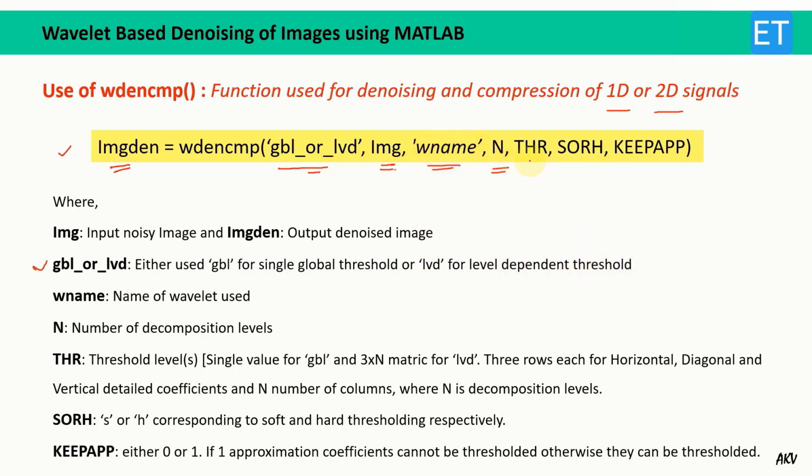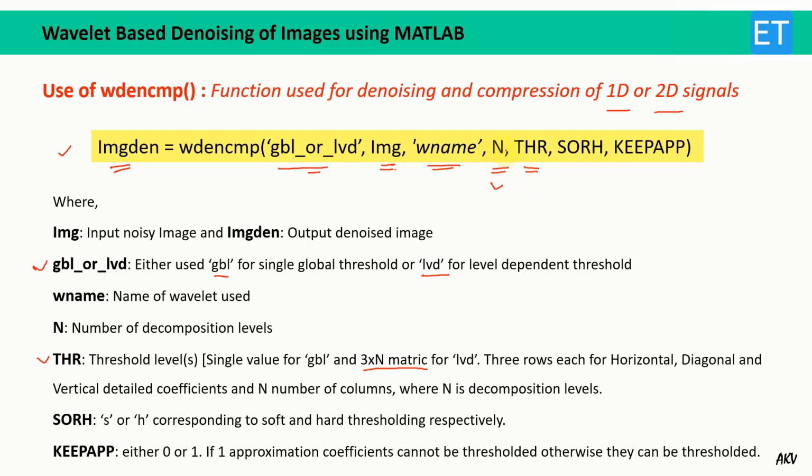Okay, and now THR is obviously the threshold value. When you write GBL, obviously there will be a single threshold value, and if you write LVD, there will be a 3 by n matrix. So THR, you have to define a 3 by n matrix. So what is a 3 by n matrix? 3 are rows, n is the number of columns. So n is your decomposition level. Mind this.